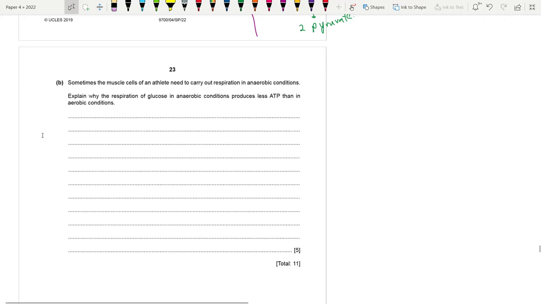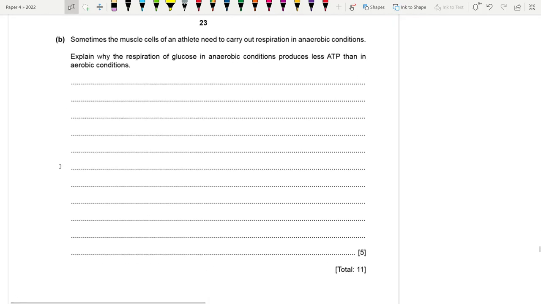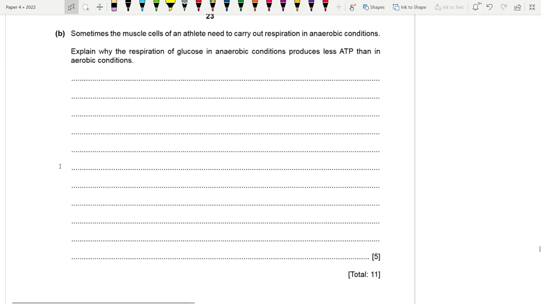So sometimes the muscle cells of an athlete need to carry out respiration in anaerobic conditions. Explain why the respiration of glucose in anaerobic conditions produces less ATP than in aerobic conditions. Very, very important. Okay, let's go. So mainly what occurs?